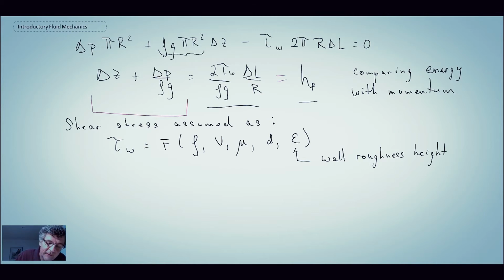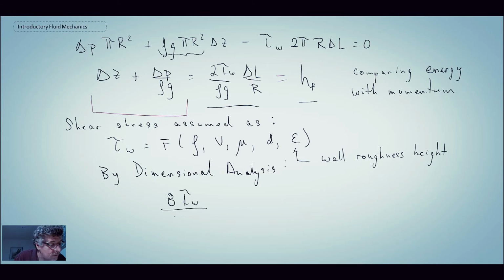So if we take that and we go through and do dimensional analysis, much like we saw earlier with Buckingham Pi, we can come up with the following relationship.